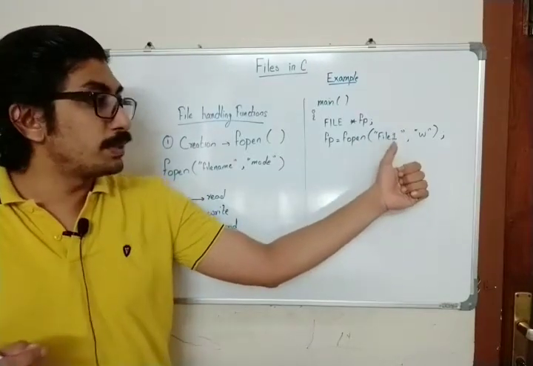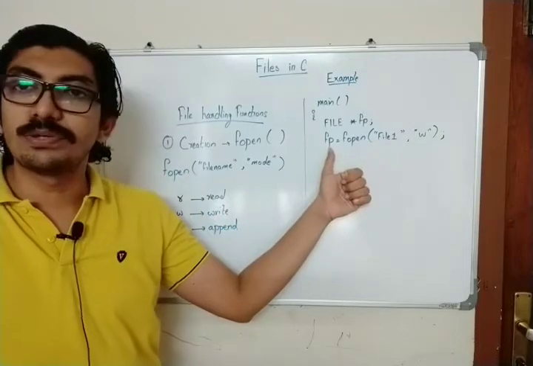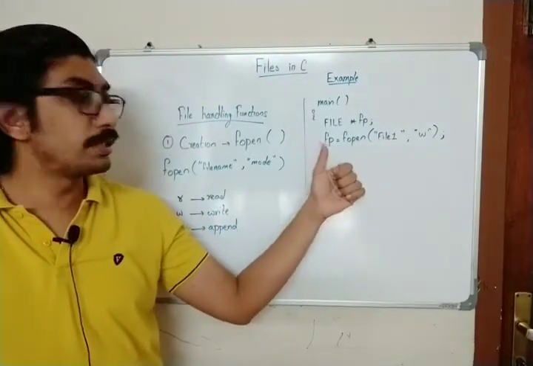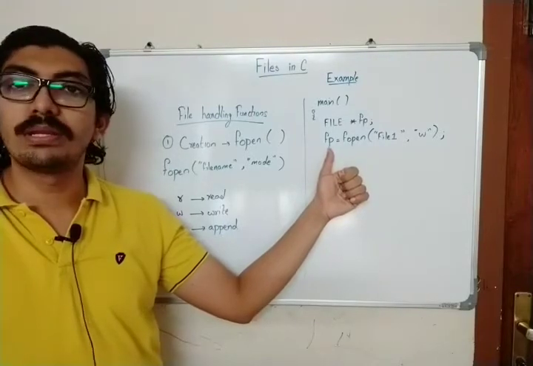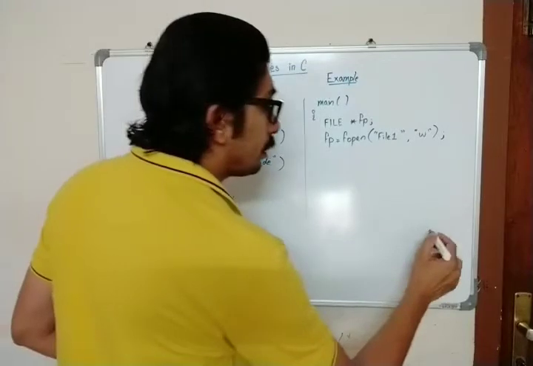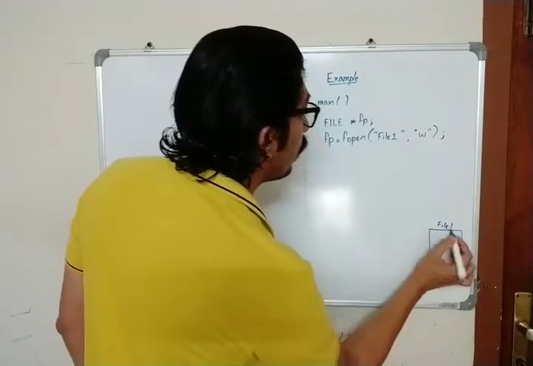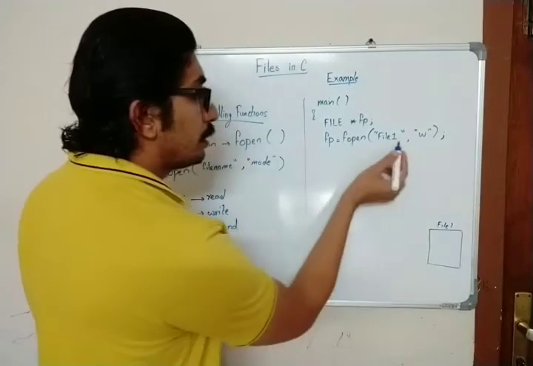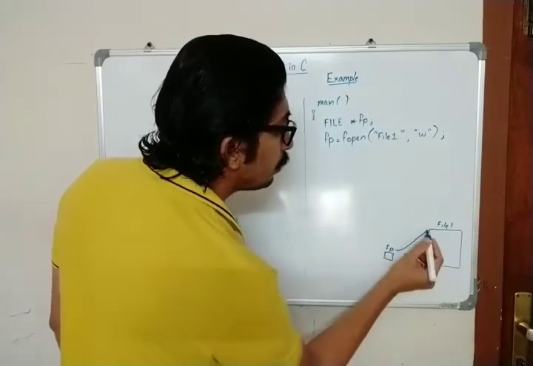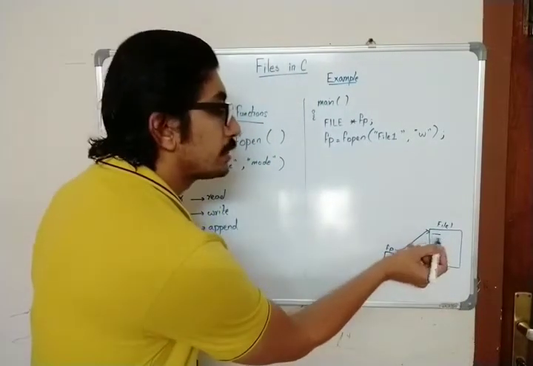If that file is present, it will return the starting address of it, which means a pointer to that file will be returned, and that address will now be in fp. To make it clearer, assume you have a file named file1. The compiler finds it, and the starting address is given to fp. Using fp you can access the contents in the file.